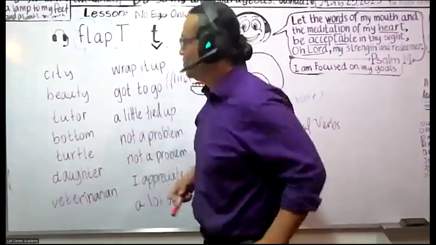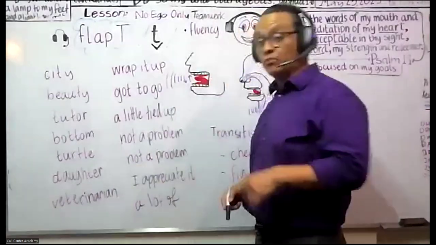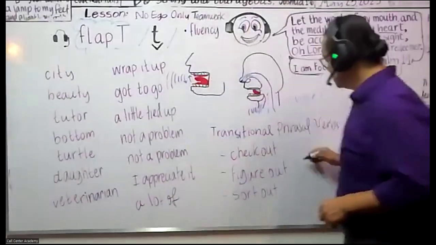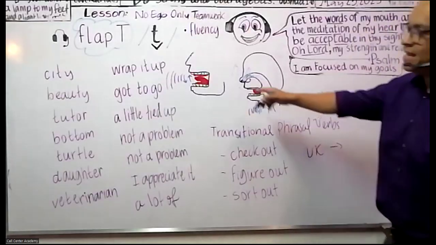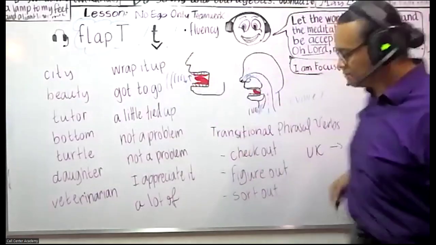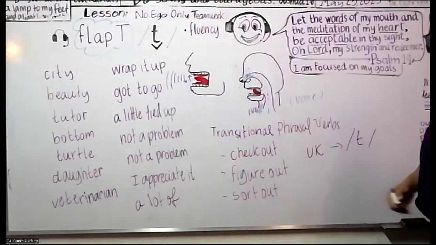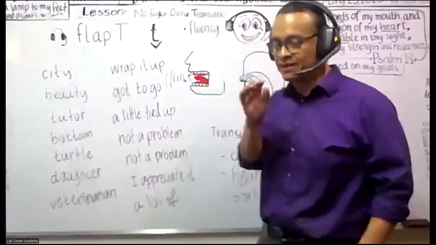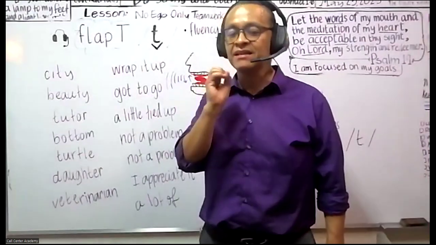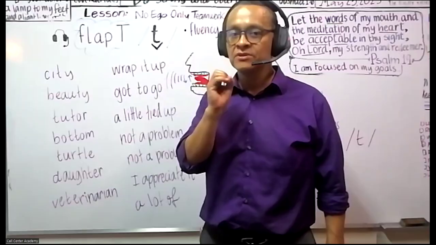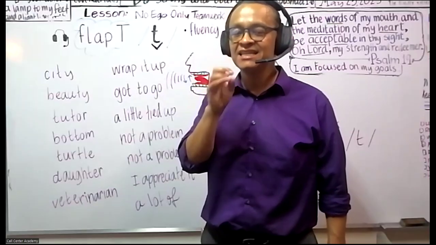Now, the traditional way, usually when you talk about British English or UK English, the letter T is not pronounced like this most of the time. The letter T will have its normal traditional sound, the plosive sound. It's called a plosive because it's like an explosion. So when you say the letter T, you say t, t, t.